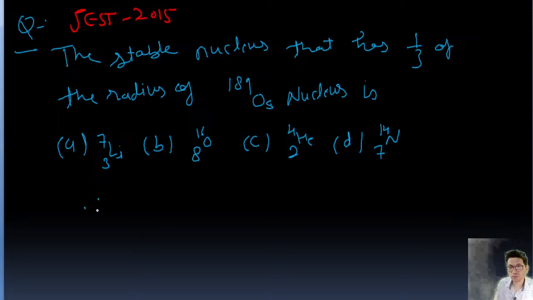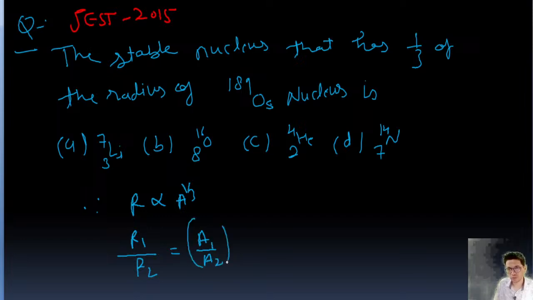Since we have a formula that R is proportional to A to the power 1/3, from here we can write R1 upon R2 is equal to A1 upon A2 to the power 1/3.